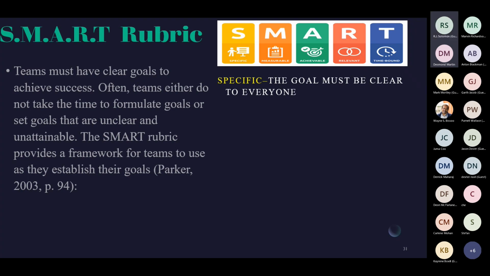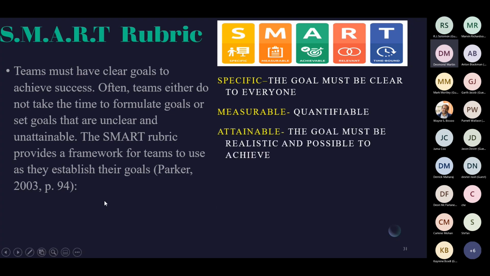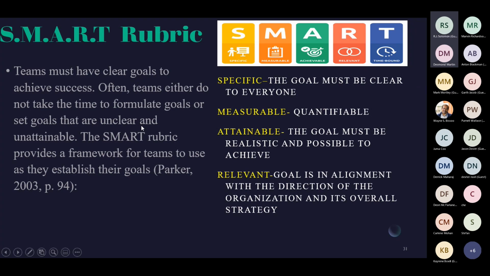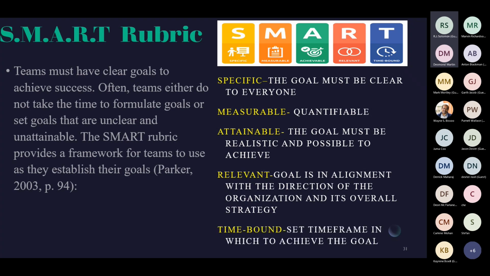So, first one, specific. The goal must be clear to everyone. Two, measurable. It must be quantifiable. Three, attainable. The goal must be realistic and possible to achieve. Four, it must be relevant. The goal is in alignment with the direction of the organization and its overall strategy.